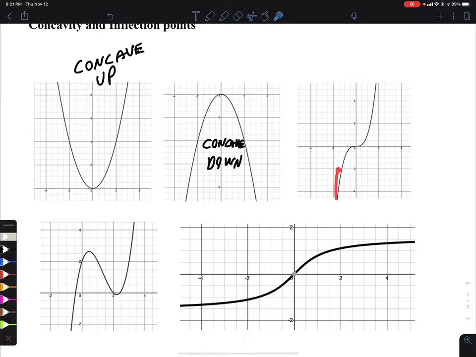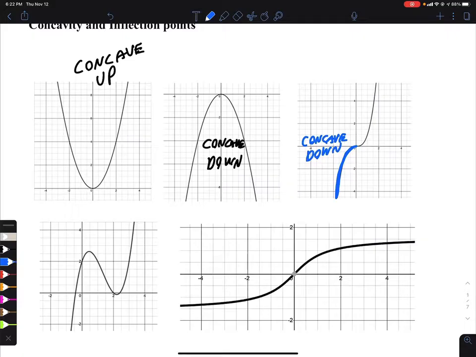What about this one? Is that cave up or cave down? It's actually two. If you look at this pattern, that's a cave down pattern, right? So the region on the left, this part on the left, you can see, is concave down.